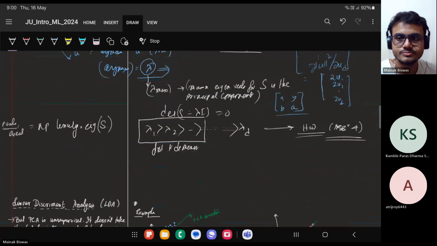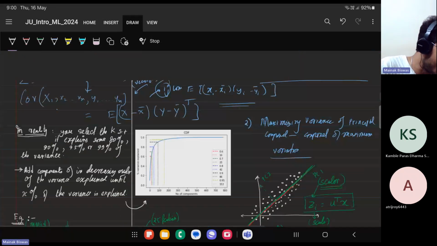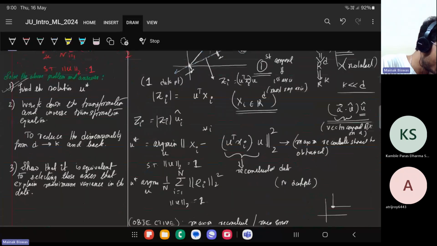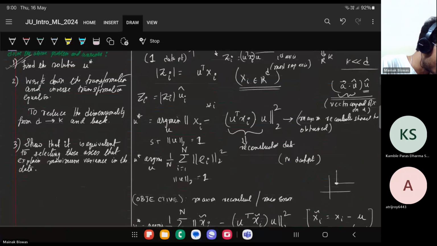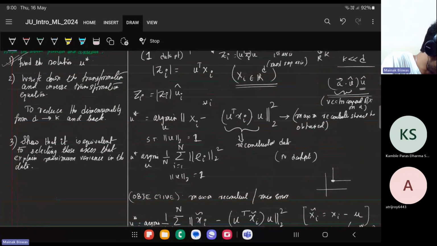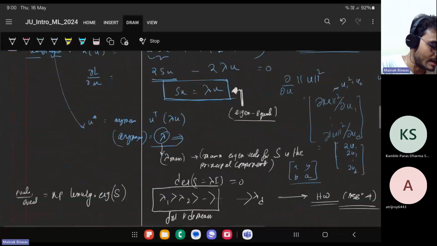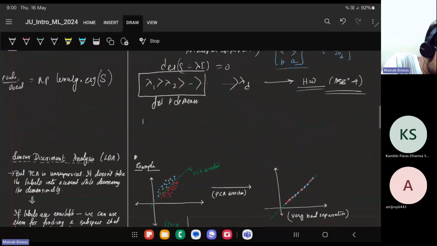Do you agree? Yes. So I have been able to solve this equation. Explaining maximum variance I have written. Now I will try to write down the dimensionality reduction.